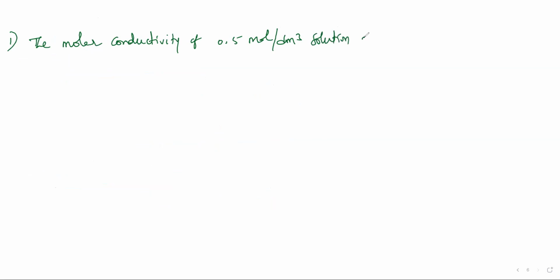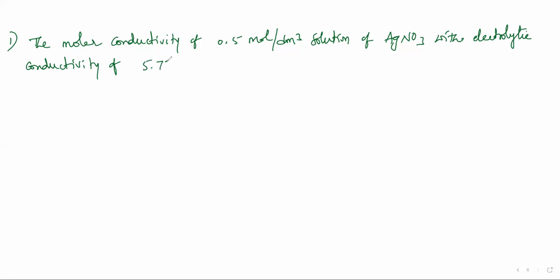The first question today: the molar conductivity of a 0.5 moles per decimeter cube solution of silver nitrate, AgNO3, with electrolytic conductivity of 5.76 into 10 power minus 3 at 298 kelvins.